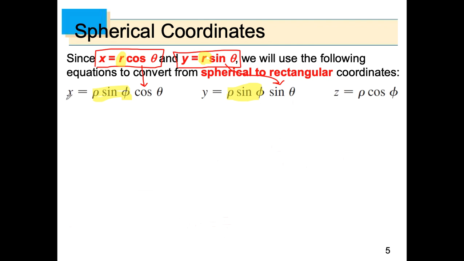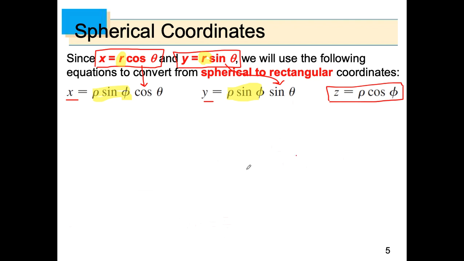So that gives us our x coordinate, that gives us our y coordinate, and it relates those coordinates not just to rho and phi, but also to rho, phi, and theta. And of course, z was already established from the previous page based off the triangle that I showed you.